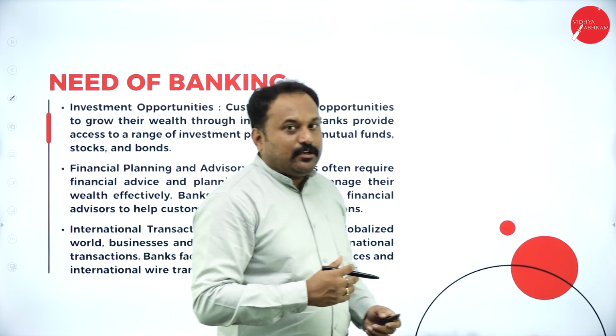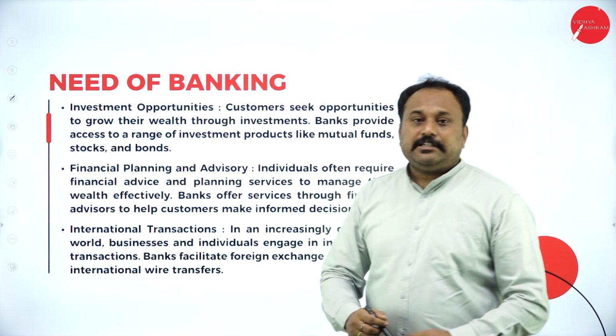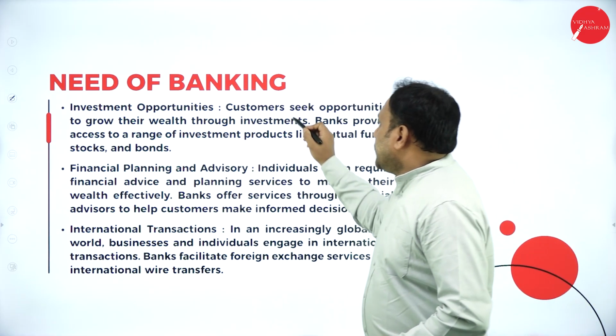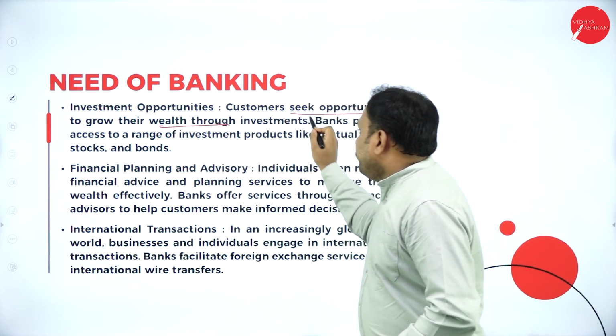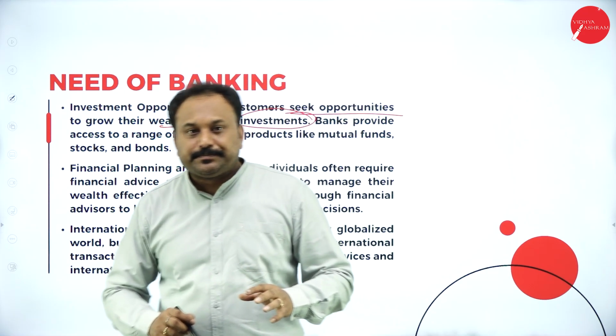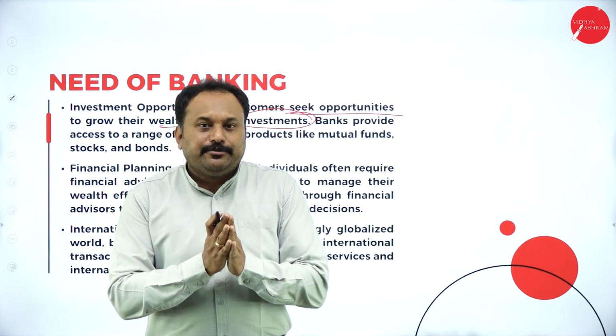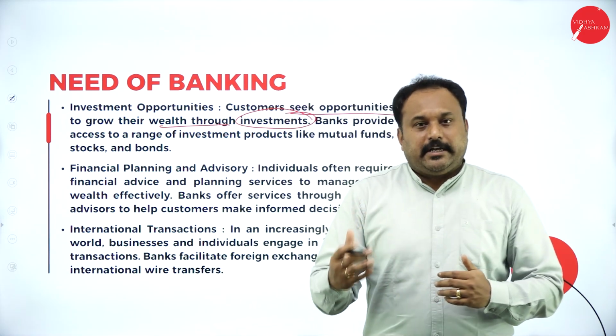The next one, because it's a 10 marks question, is investment opportunity. Customers seek opportunities to grow their wealth through investment. See, there was a place where they used to always talk about how to double the money.